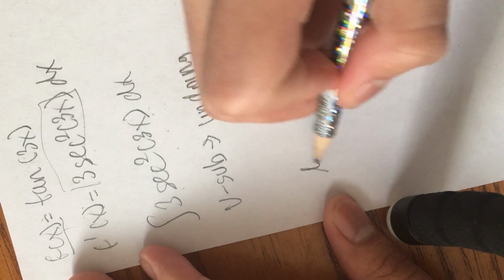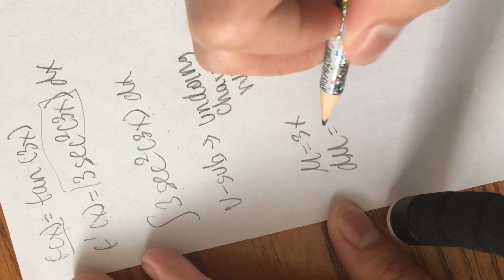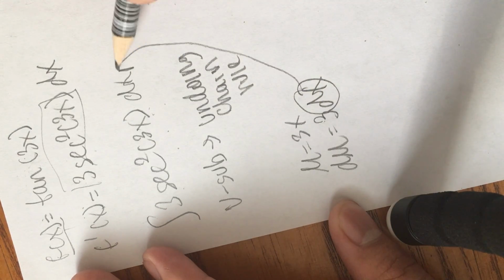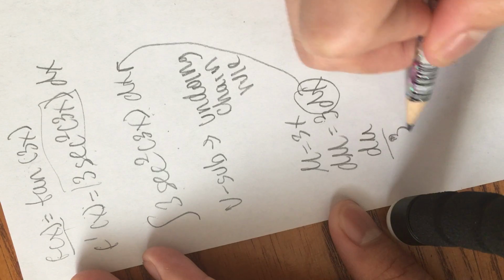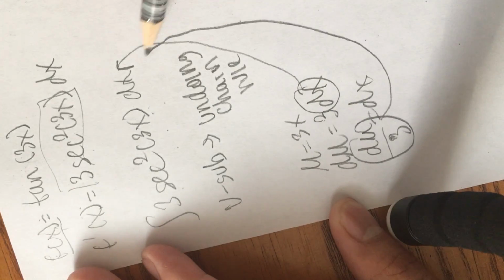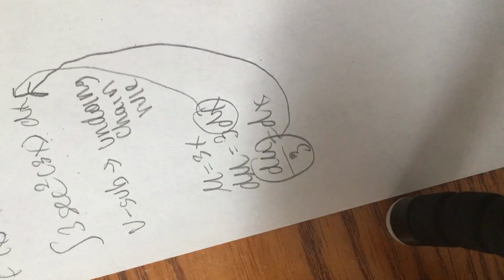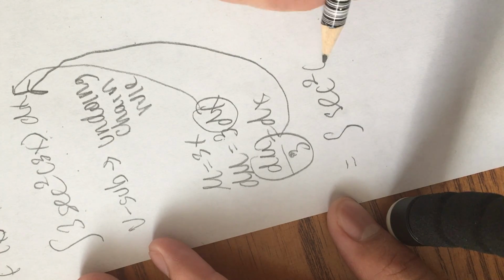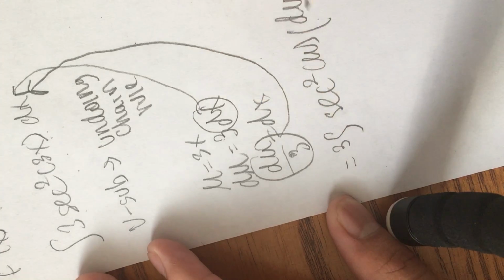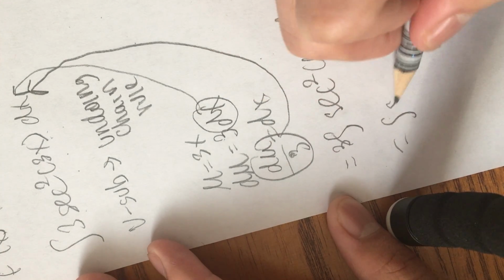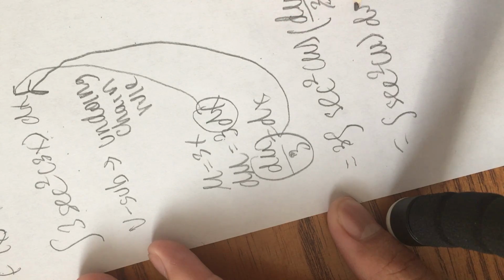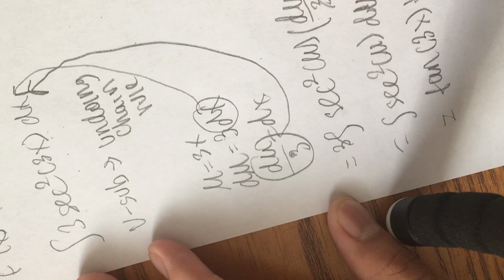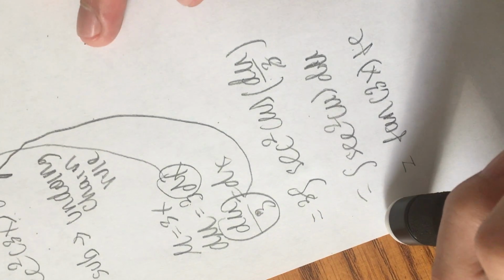Okay, so if we set u equal to 3x, does that make sense?